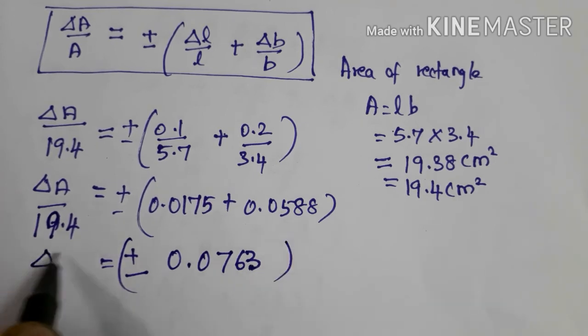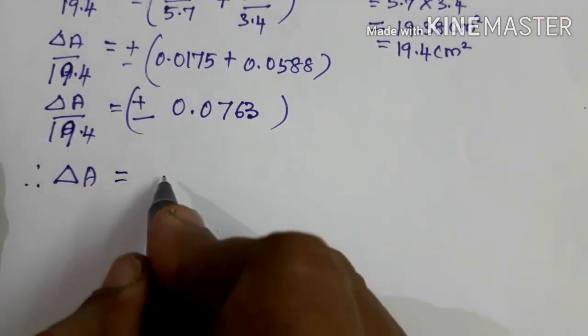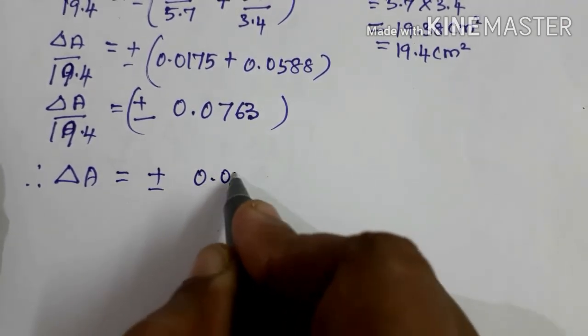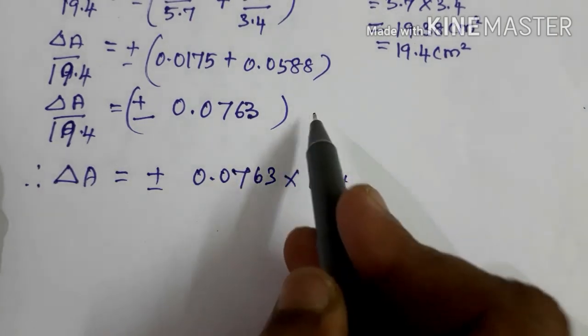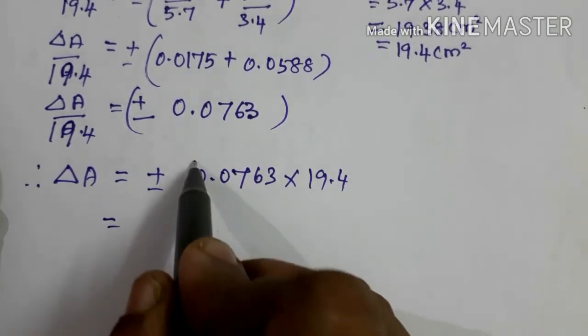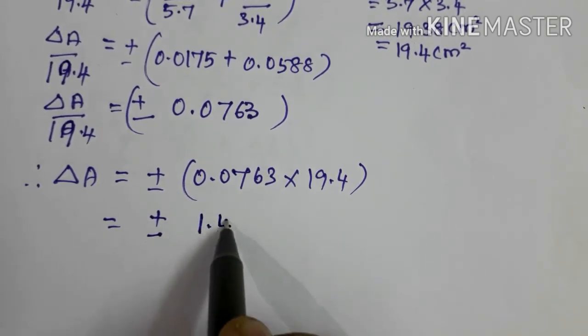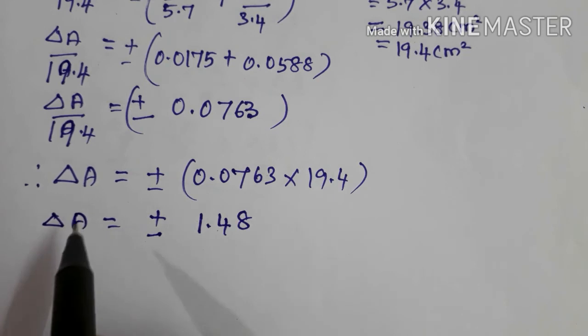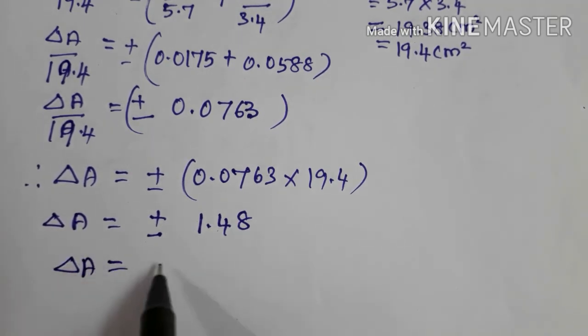Okay, delta A by A. 19.4. Therefore, delta A is equal to plus or minus 0.0763 into 19.4. Bring this 19.4 this side. If you multiply these two, what will you get? You will get 1.48. Okay, delta A value will be 1.48 and I will round it off. I can write it as 1.5.